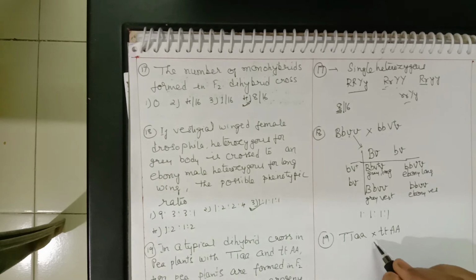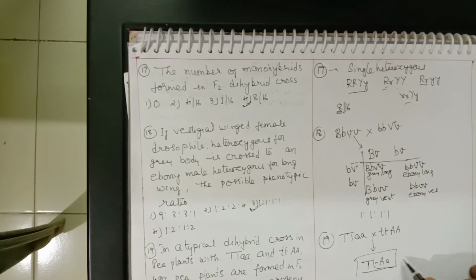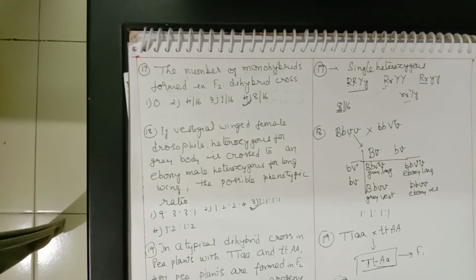So when you make a cross, this you are going to get in the F1. And when you make an F2 progeny, that is, by selfing this, when you count, only capital T you have to check.